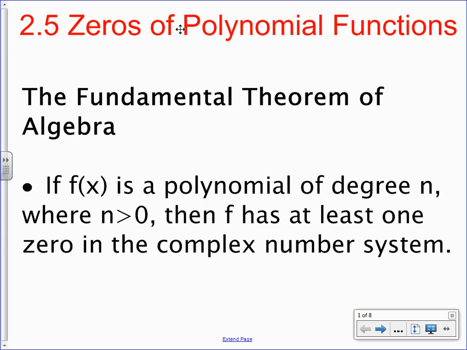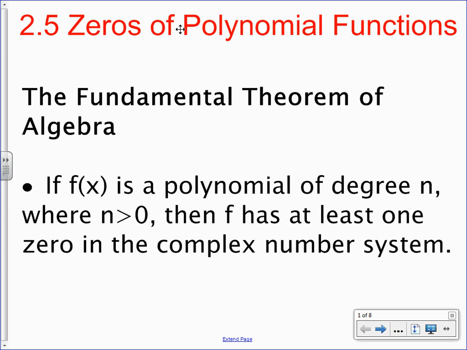And we know from when we went through that green packet, if it's a third degree polynomial, we're going to have 3 zeros, right? Now we're going to look at polynomials that can have real zeros and imaginary zeros. If we have a third degree polynomial, it's possible that some are real, some are imaginary.